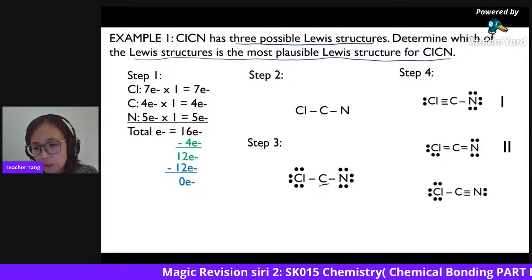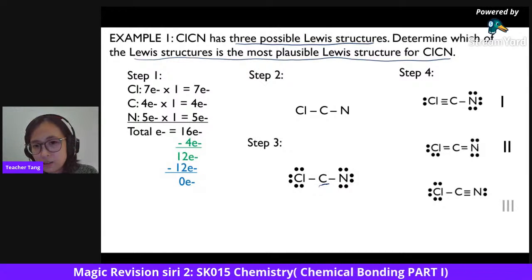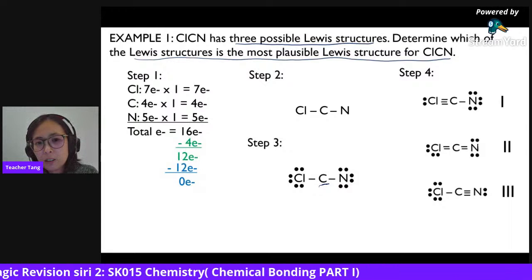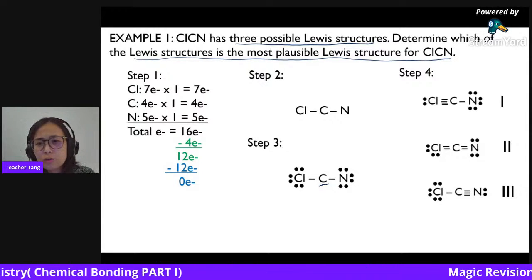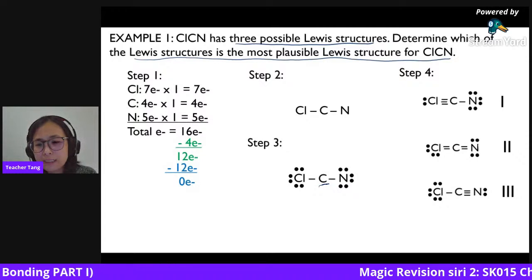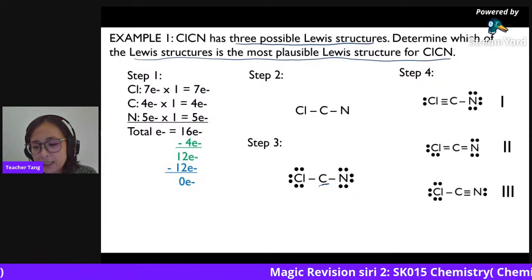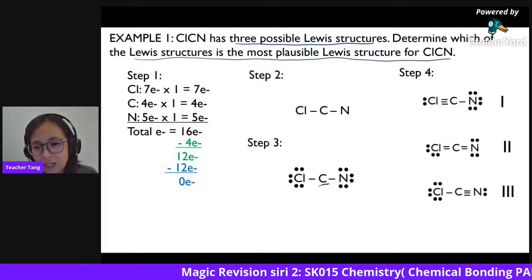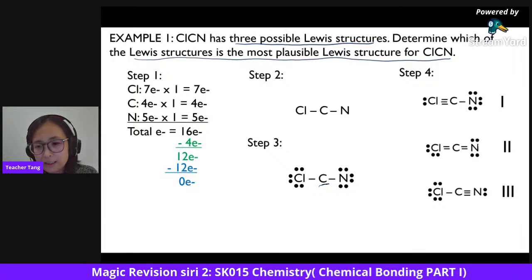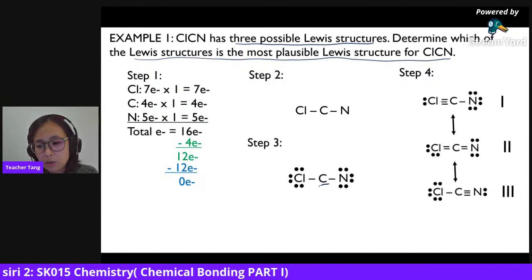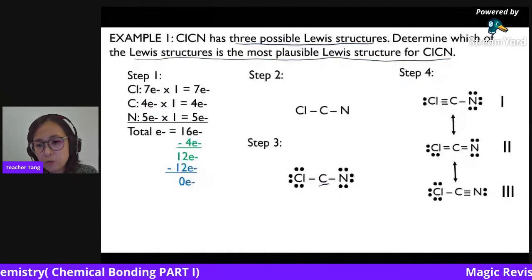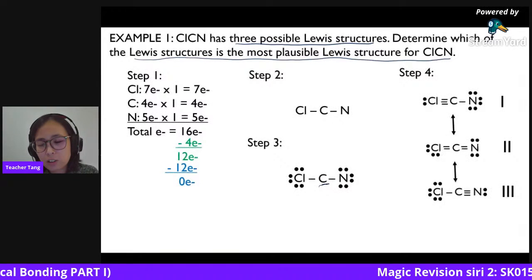So this gives us the third possible Lewis structure for ClCN. These 3 Lewis structures of ClCN are basically resonance structures of one another. Since they are resonance structures, we can use the double-headed arrow to represent them as resonance structures of one another.